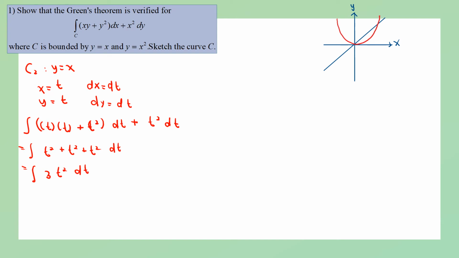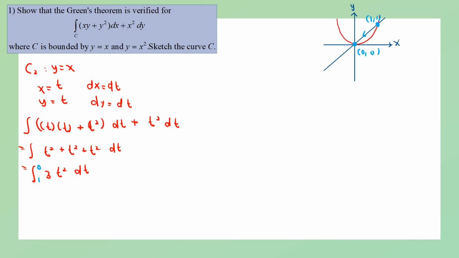For C2, the curve for C2 is here from this point to this point, from point (1, 1) to point (0, 0). Because the arrow is counterclockwise, you need to integrate from 1 to 0.